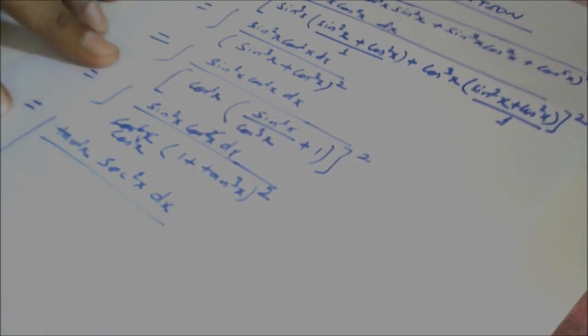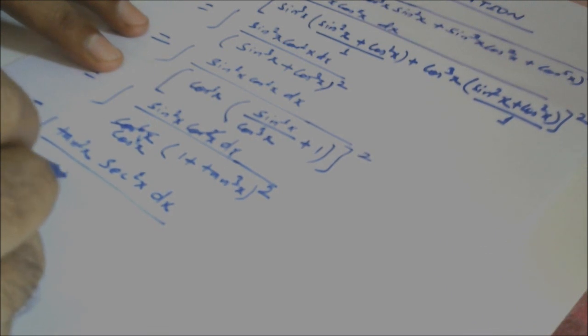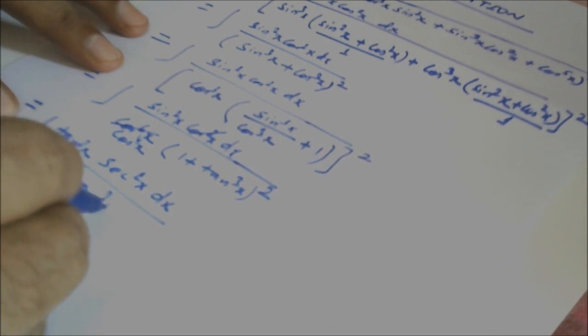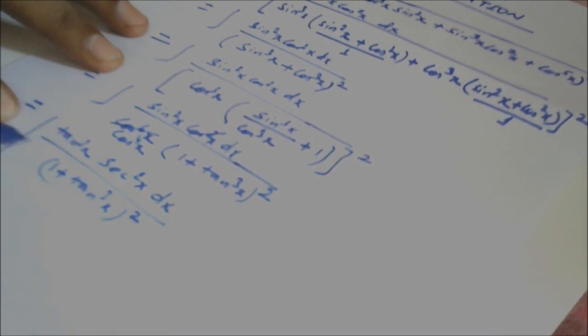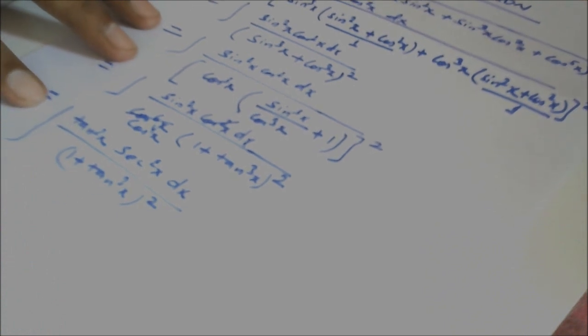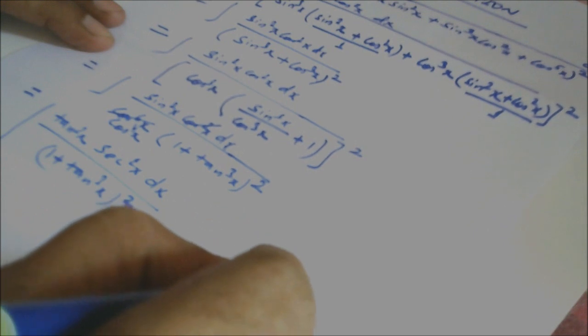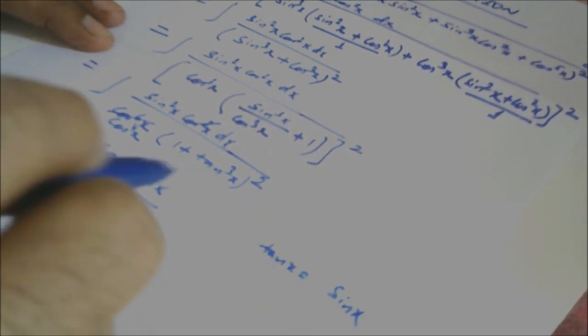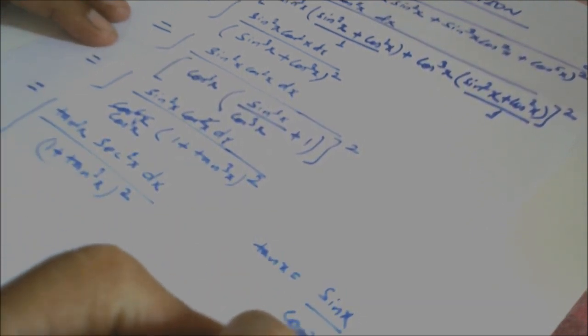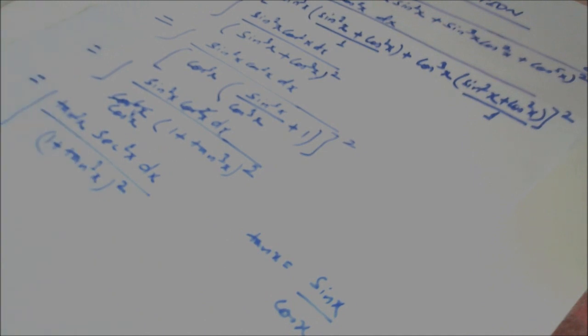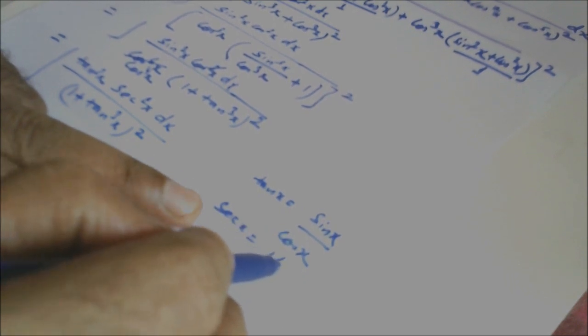Further, here it becomes 1 plus tan cube x whole square. We know that tan x is equal to sin x by cos x. This we have utilized. We have also utilized secant x is equal to 1 by cos x.